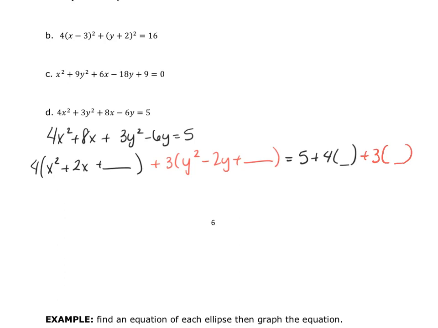I take this value right here, I divide it by 2, I square it. If you divide this by 2 and square it, I'm going to add 1 here, and 1 right there. This then becomes 4 times x plus 1 squared. It's a perfect square trinomial.